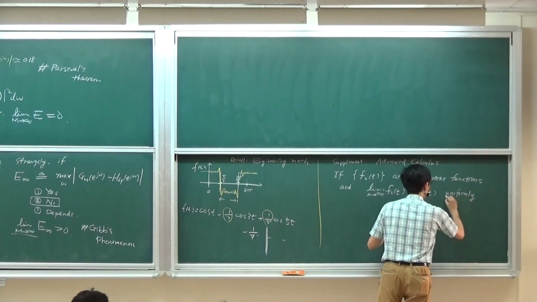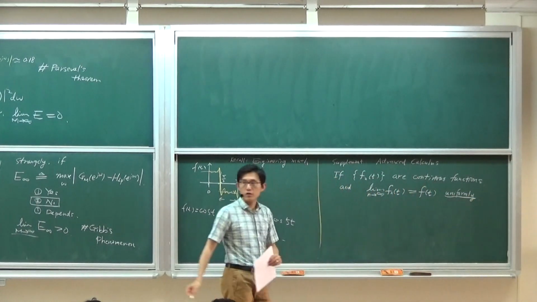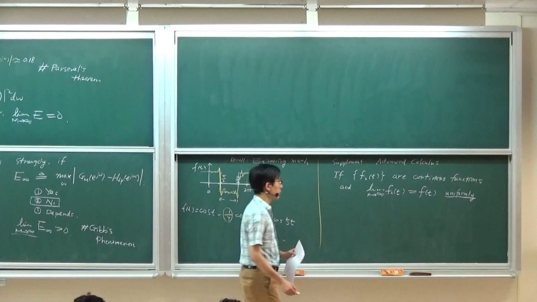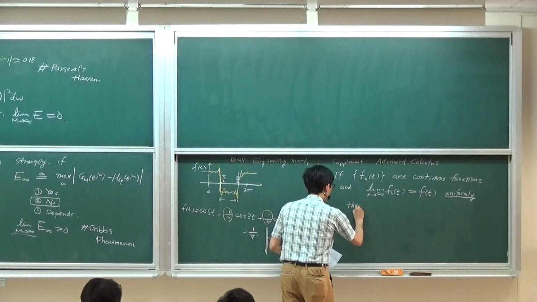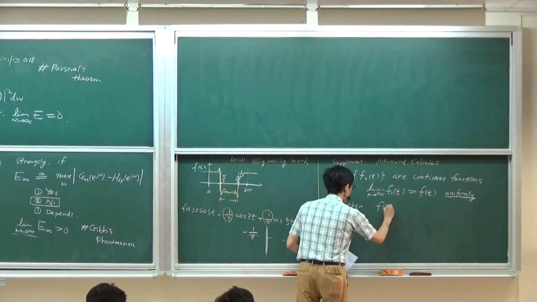I'll explain what this is. If this sequence of functions converges uniformly to a limit, then the limit function is also continuous.